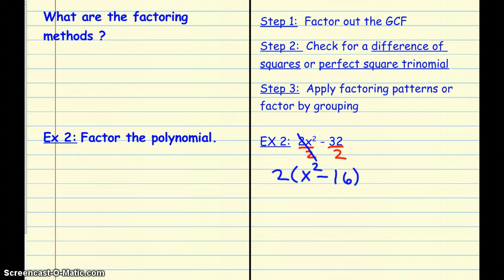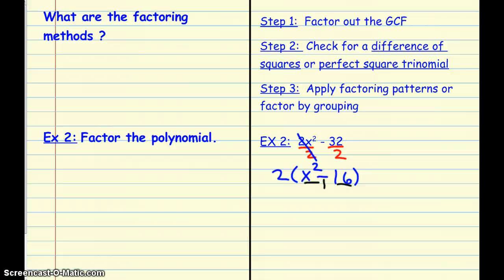Now that we factored that out, step number 2 says check for a difference of squares or a perfect square trinomial. In this case, we only have 2 terms, so we know it's not a trinomial. So I'm going to check to see if it's a difference of squares. Difference meaning subtraction, squares meaning perfect squares, and we know x squared is perfect and we know 16 is perfect.